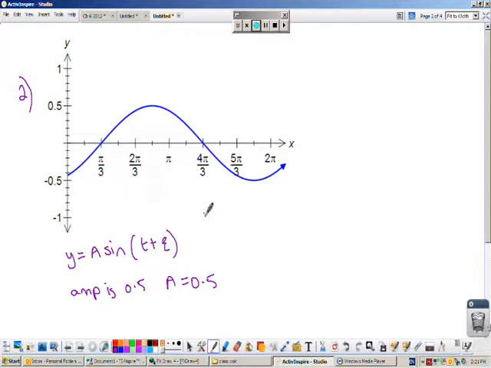Now to find the value of the horizontal shift, we consider the untransformed graph, which would have had an x-intercept here at the origin. So this whole graph has been shifted from 0 to pi on 3. So we know that epsilon must equal minus pi on 3 in order to ensure it goes in the correct direction.